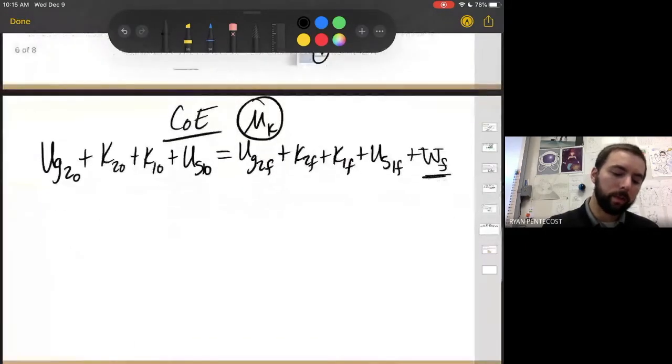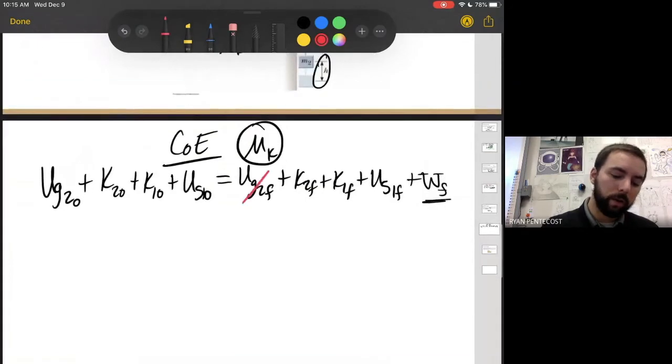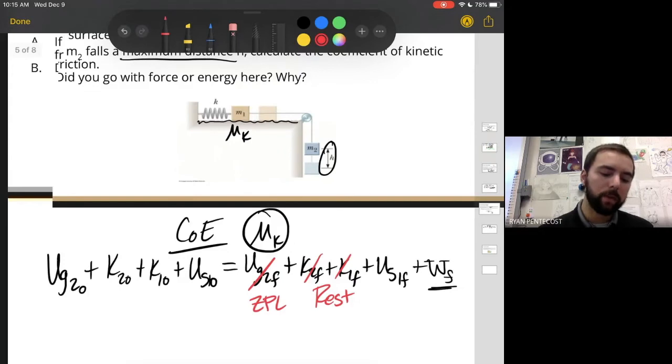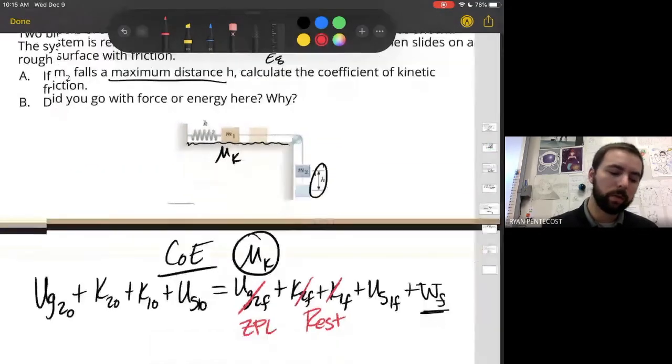Let's cancel some of this out. Let's say that the final height is the ZPL. If we're looking at the maximum compression, then it has to stop at rest. And it also says that we start with an unstretched spring. So I'm going to assume that's also starting at rest.